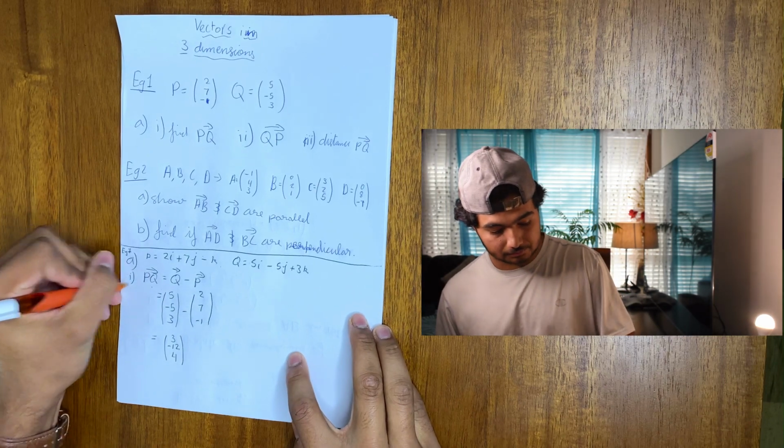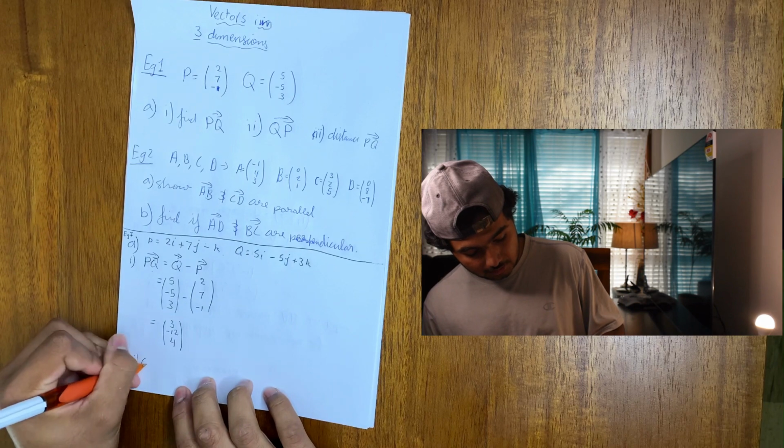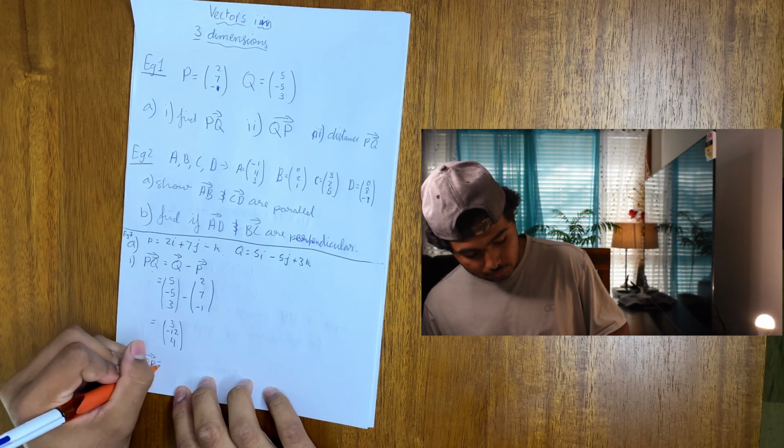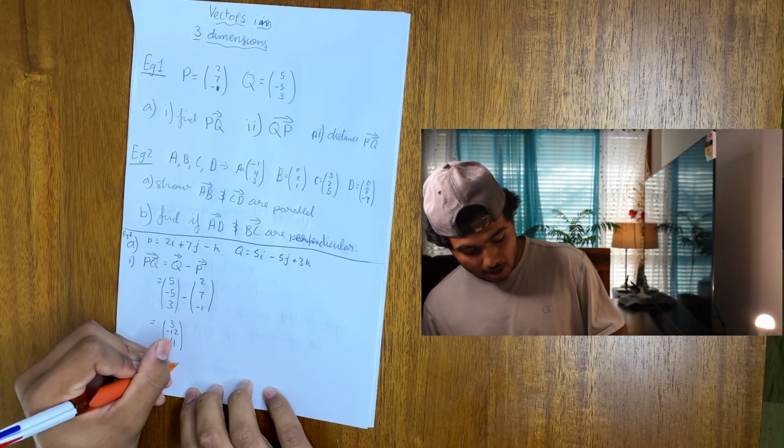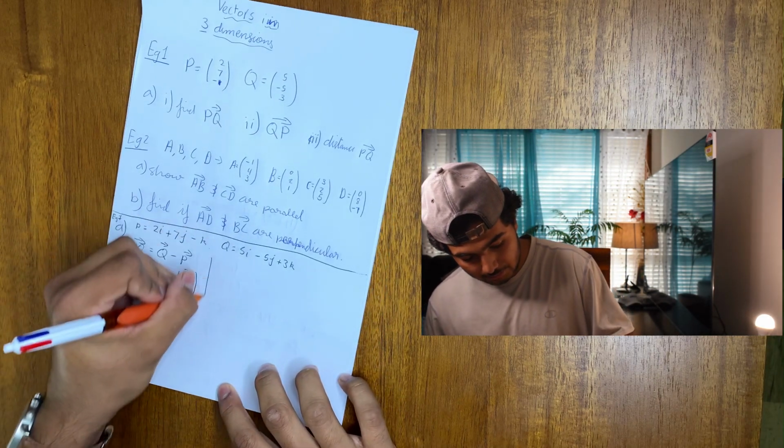That is part one. Now part two. It says QP, same thing. QP equals vector P minus vector Q. This time, come back over here.